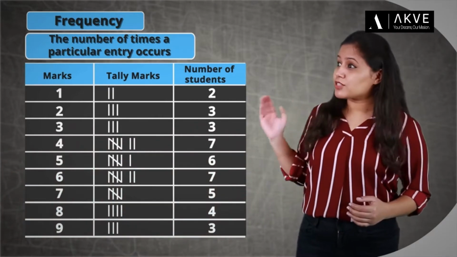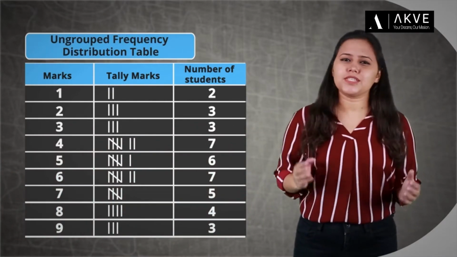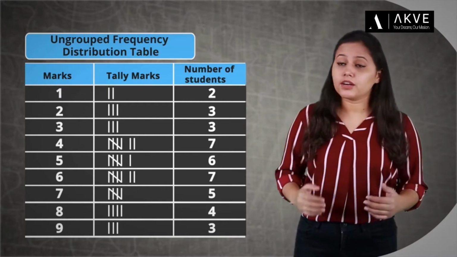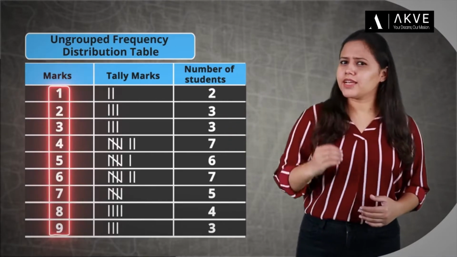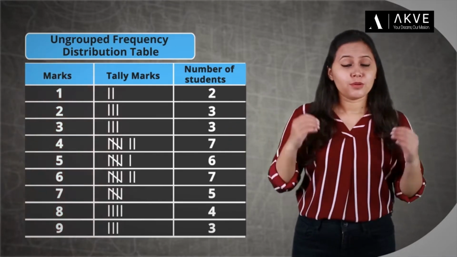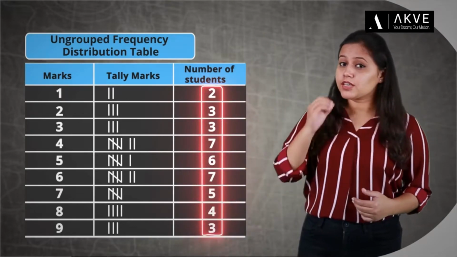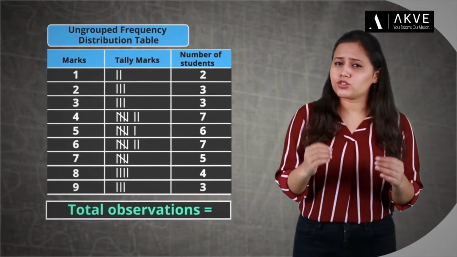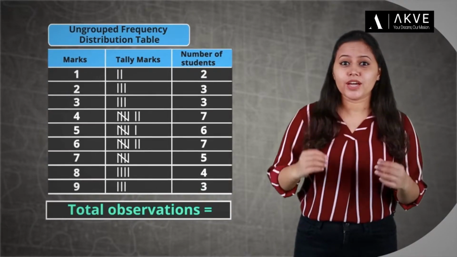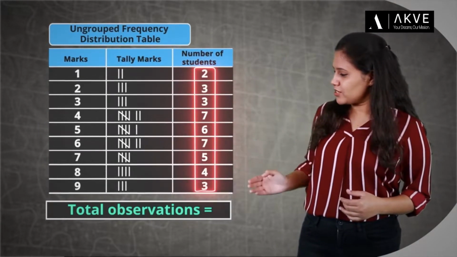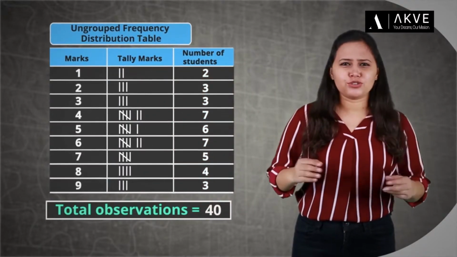Such a table is known as an ungrouped frequency distribution table because here all the entries are single and not in groups. Moreover, we already know that adding all the frequencies gives the total number of observations of the dataset. So here, the total number of observations is 40, which is true.